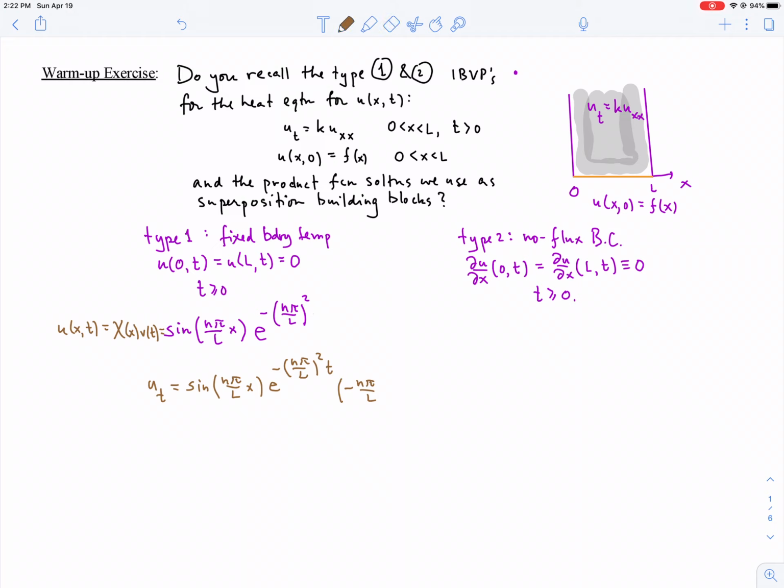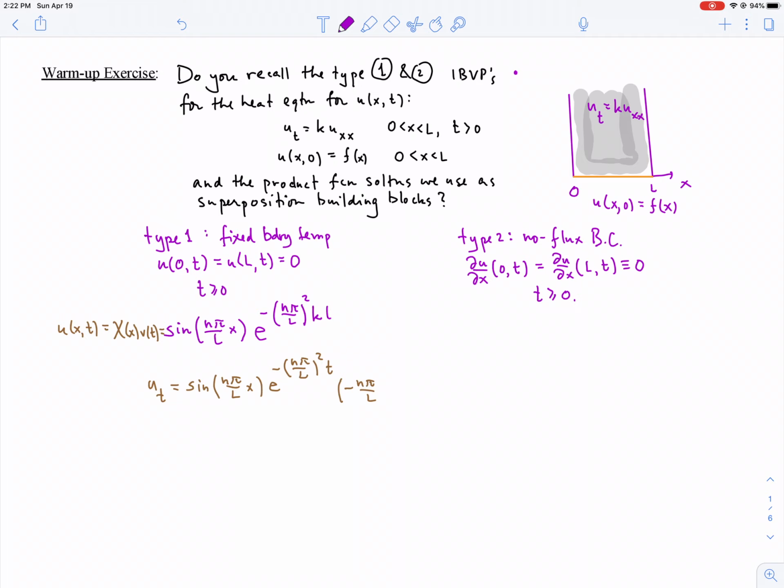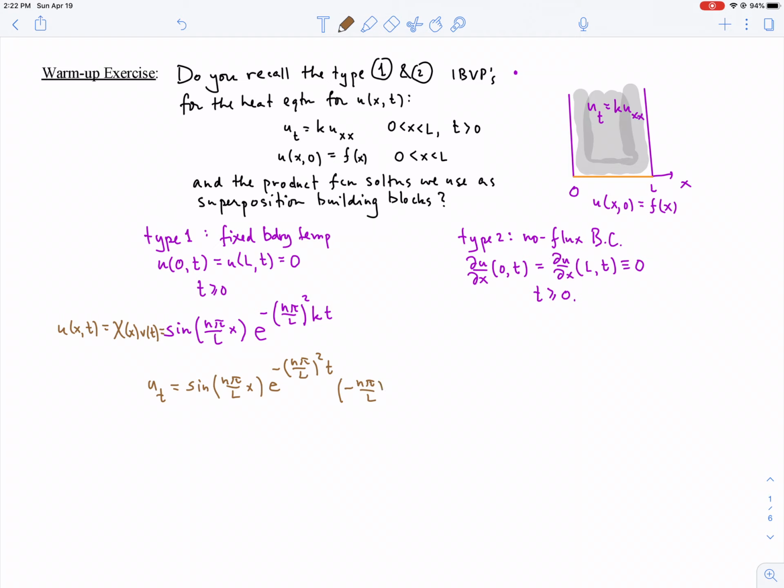So it was minus that thing squared times kt. Okay, so now let's go back with the correct power in there. When we take the t derivative of the exponential, we will get the exponential times the coefficient of t.